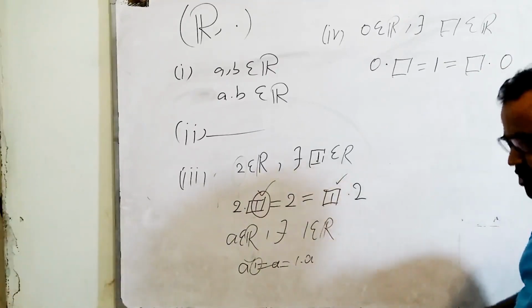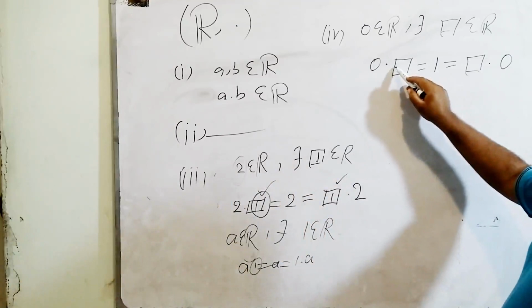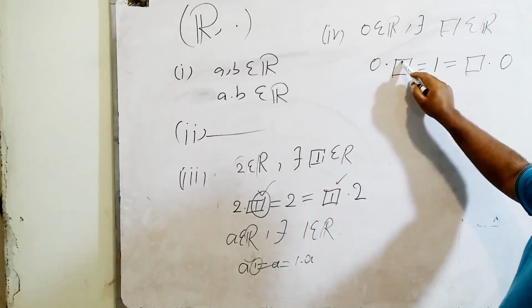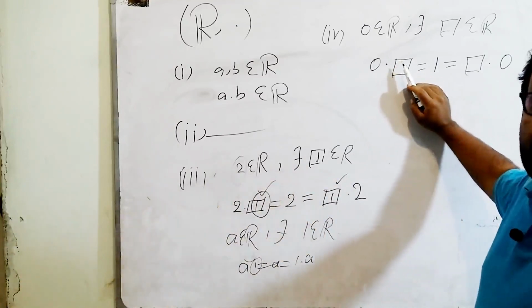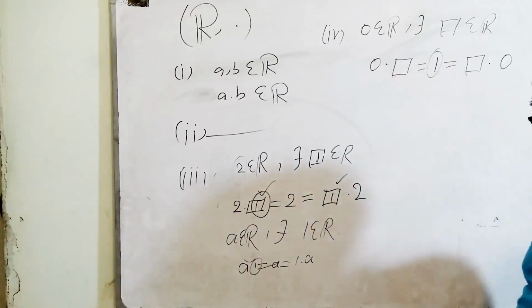So there is no such real number. Whatever real number we take over here, our answer is never 1. There is no such real number.